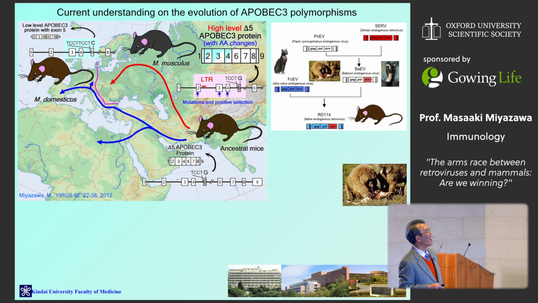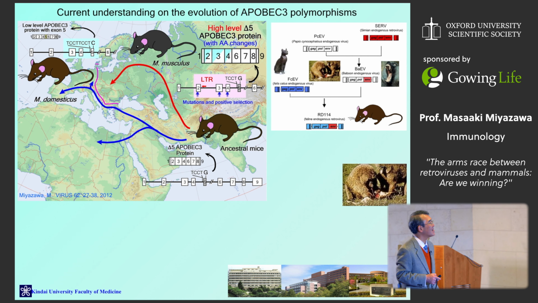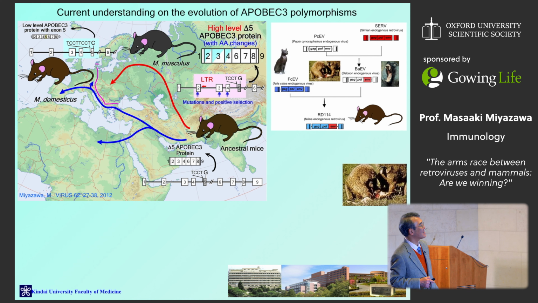As I told you, we were attacked by retroviruses coming from different species, and it's known that xenotropic viruses came from the primates and cats into mice.